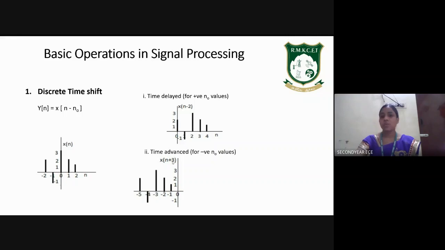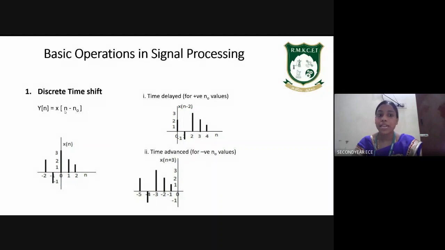If we shift n minus of minus 3, you can write n plus 3 as n minus of minus 3. So where will it shift now? To minus 3. For n minus 2, it will shift to 2. Are you getting it, ma'am? That's why I have taken it like this.